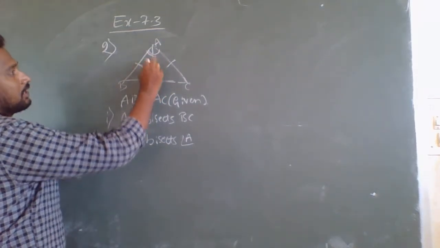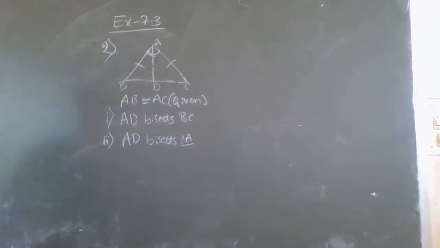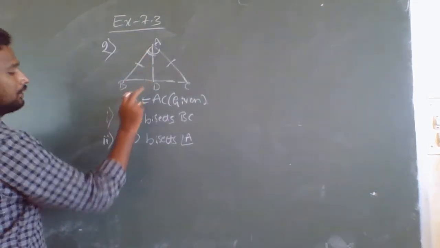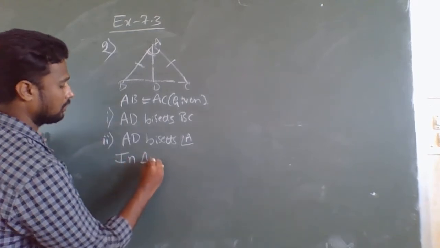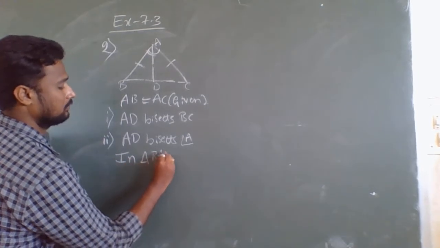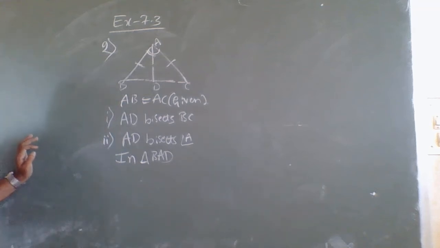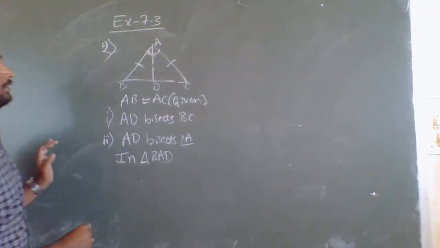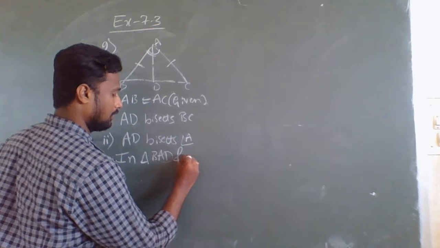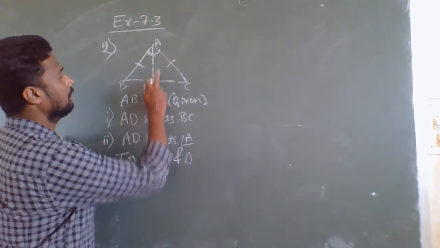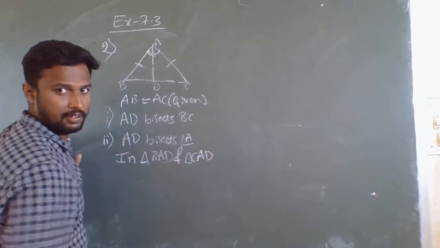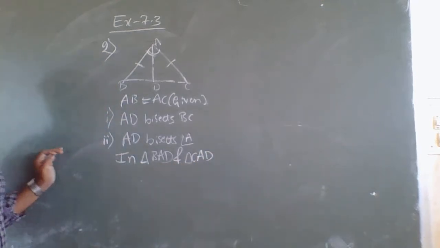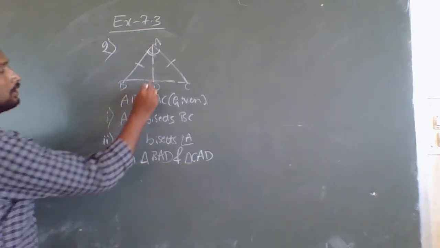then we can say that AD bisects angle A. Therefore, first I will consider triangle BAD and triangle CAD, the second triangle. Here first I will consider these two angles.